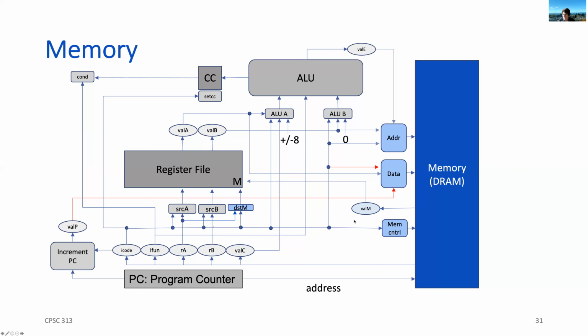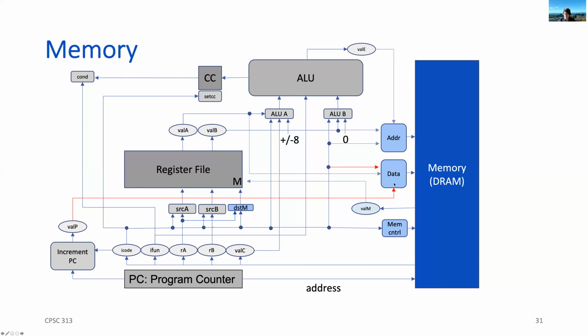Where's the address coming from? Well, fortunately, the address is the same as we used for push and pop, because when we do a call, we push a value onto the stack, and when we do a return, we pop it off the stack. So that's the good news. The bad news is that the data values are now different, because when we do a call, what we're really doing is pushing the value of the address of the next instruction.